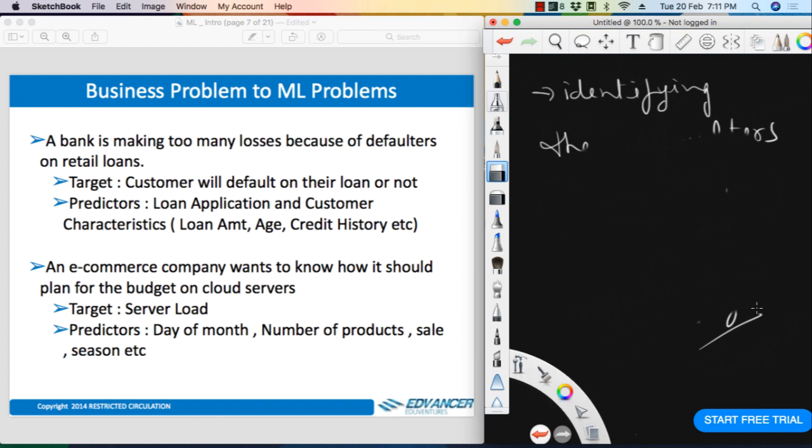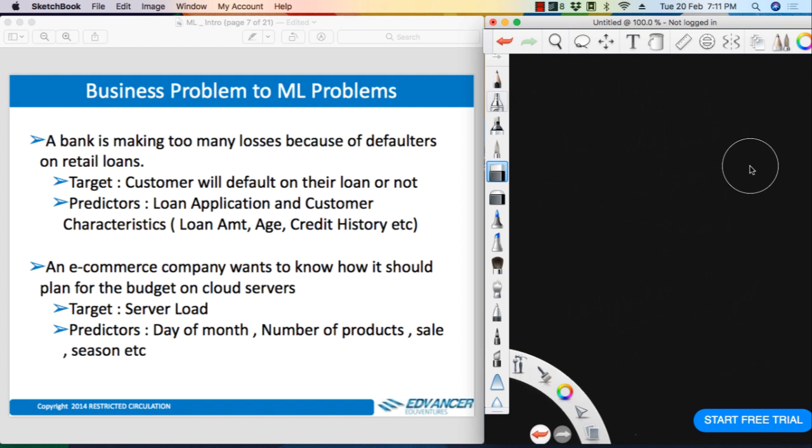That is, an e-commerce company wants to know how it should plan for the budget on cloud servers. So these days, many of the businesses host their apps on cloud servers, elastic servers, as and when the load goes up, they make use of more servers.